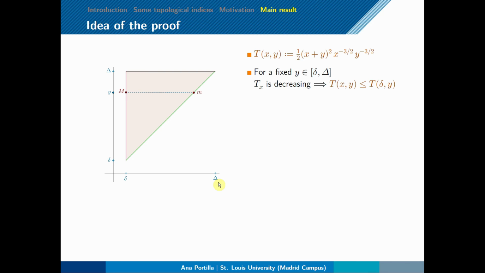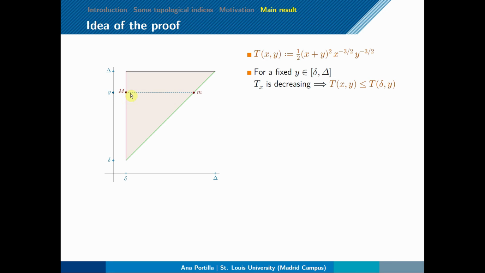Well, for a fixed y value defined on the interval from little delta to capital delta, for example, for this arbitrary fixed value of y, it's easy to check that the partial of T with respect to x is a decreasing function, and therefore T is always upper bounded by the value of the function when the first variable is fixed to be little delta.